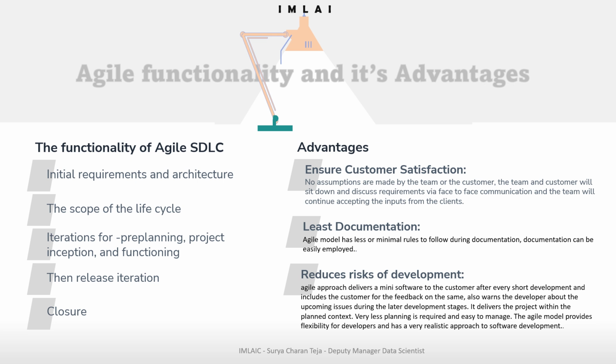It also warns the developer about upcoming issues during the later development stages. It delivers the project within the planned context. So very little planning is required and it is easy to manage. The agile model provides flexibility for developers and has a very realistic approach to the software development life cycle.